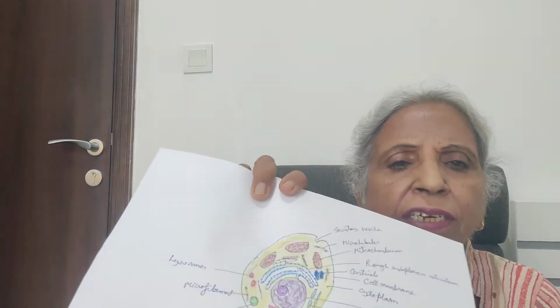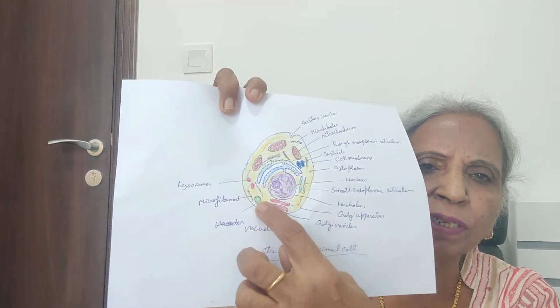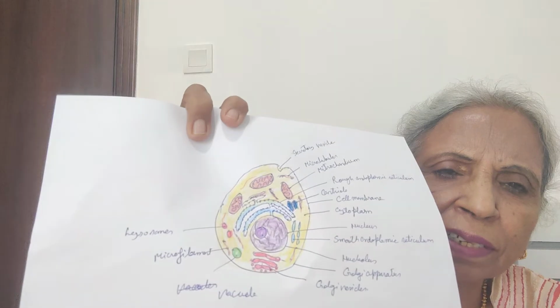These spherical structures are the lysosomes, and these folded structures are the centrioles, and some vacuoles are also present and some vesicles are also present.